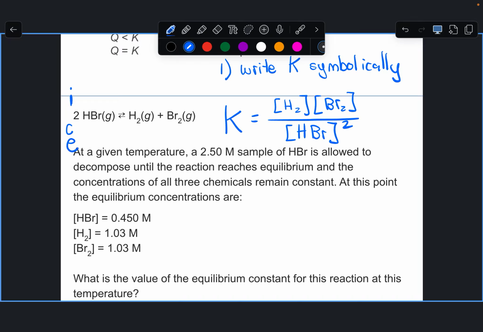Okay, so it says a 2.5 molar sample of HBr is allowed to decompose. So I'm starting initially with 2.5 molar. Do I have any H2 or Br2? It doesn't say that. So it just is saying you're starting with HBr and it decomposes. So I'm going to go ahead and write 0 for both of the products because as far as I can tell, they just told me I started with HBr.